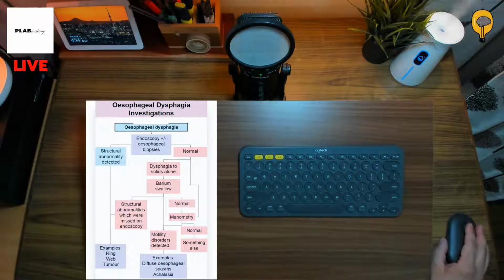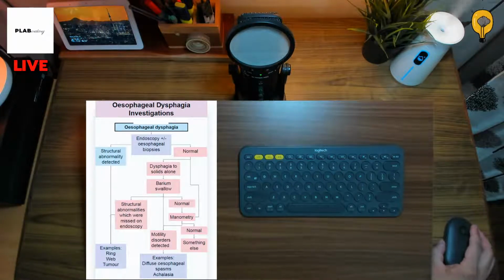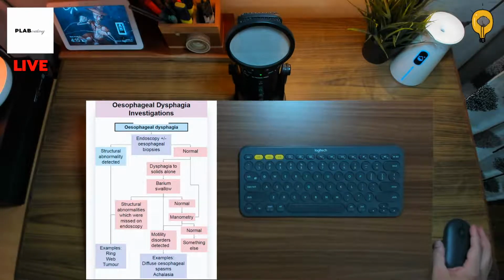If dysphagia is not just to solids, then we'll carry out esophageal manometry. Barium swallow can show the structural abnormalities we missed on endoscopy, or it can be normal. If normal, we carry out esophageal manometry, which can show motility disorders such as diffuse esophageal spasm or achalasia, or it can be normal, which means it shows something else.